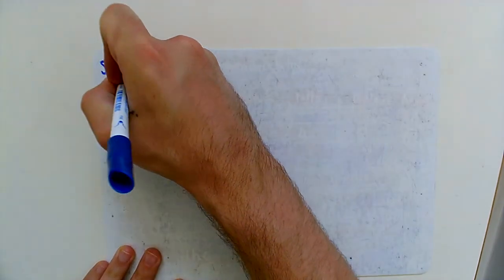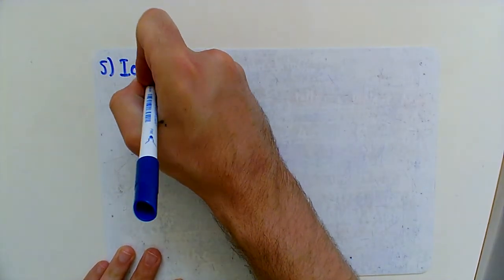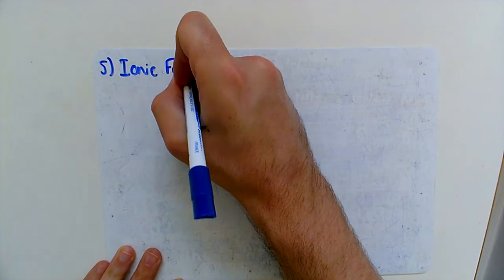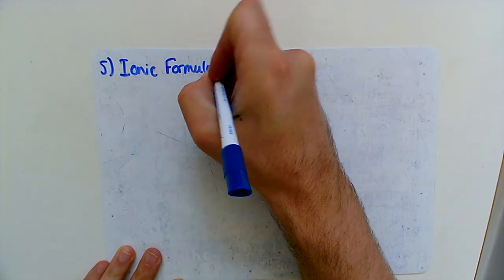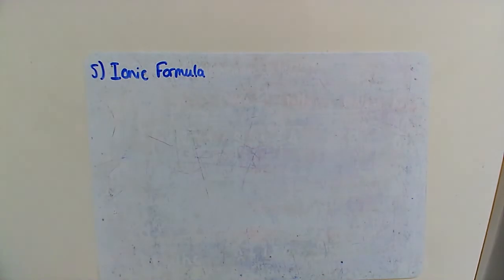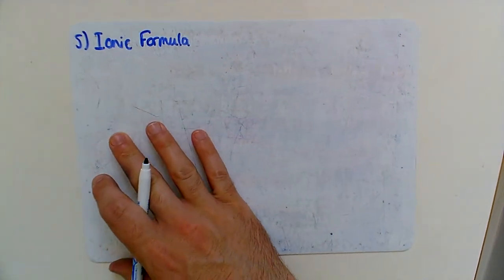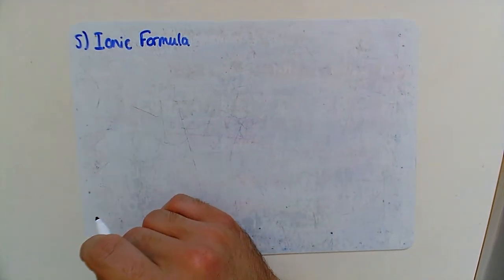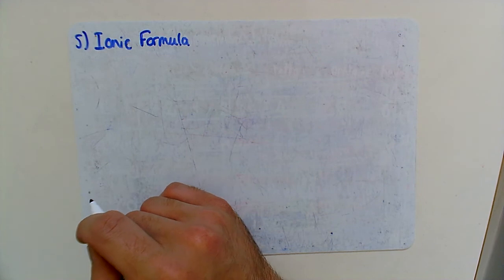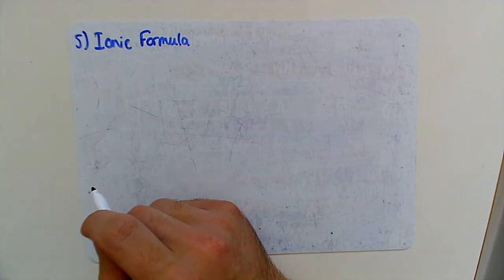The next one is ionic formula. An ionic formula is slightly different in that what you will be writing is symbols with charges.